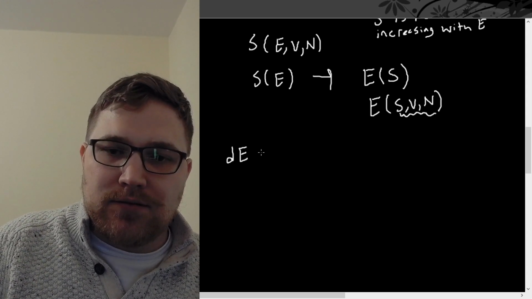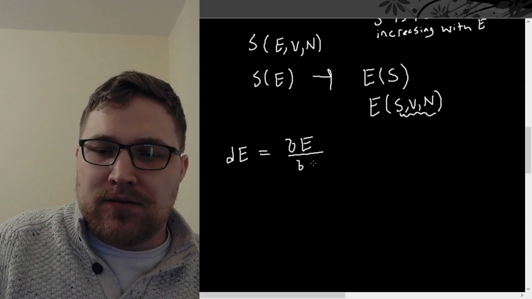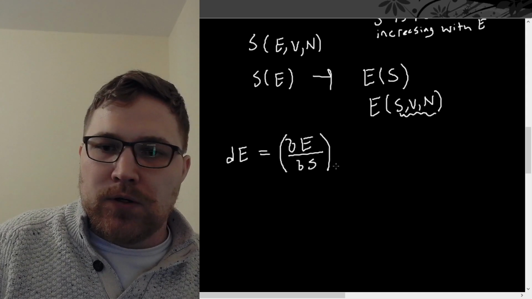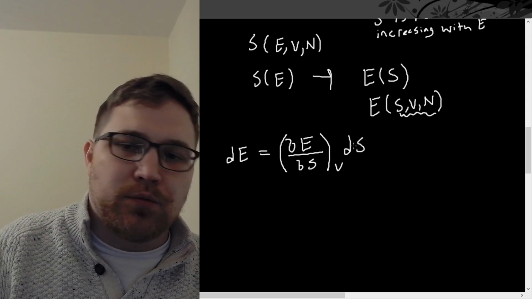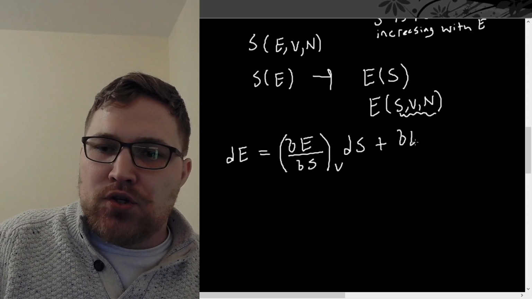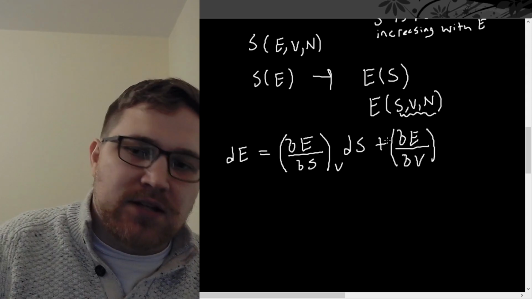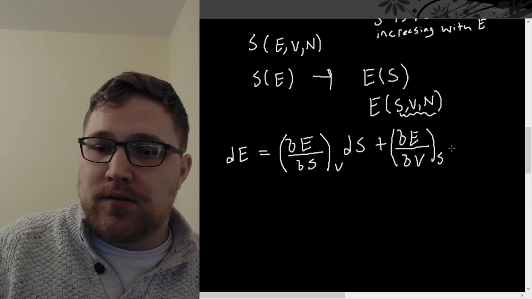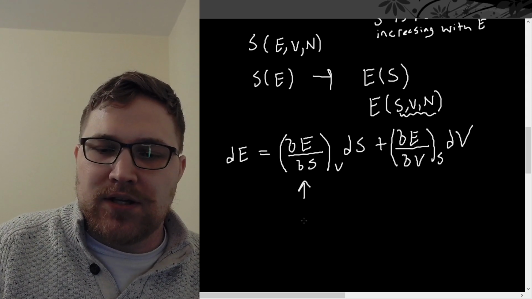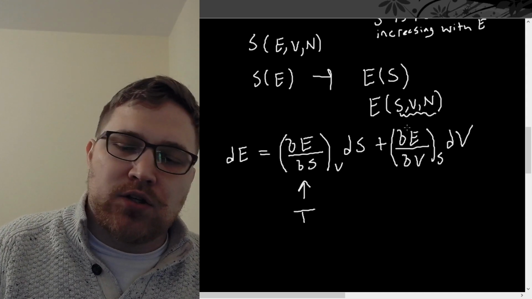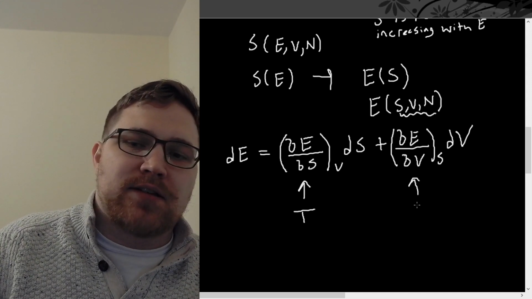That is dE is equal to the change in energy with respect to the entropy, where we hold volume fixed, of course, times dS, plus the change in energy with respect to changing the volume, where for this partial derivative we hold entropy fixed, times dV. The first term is something we have already defined, so this is just the temperature T. And this is the change in energy as we change the volume of a system, so we will identify this as the pressure, with a minus sign.